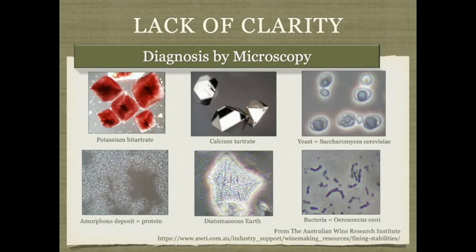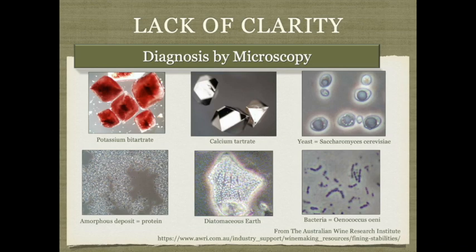If you're going to be a science nerd, you don't have to do this. You can address most causes of lack of clarity without having to do this. But again, if you're a science nerd and you're trying to figure out what is happening and why, and what you should do about it to prevent it from happening, if you have a microscope, you can try to look at what all these hazes are caused by.